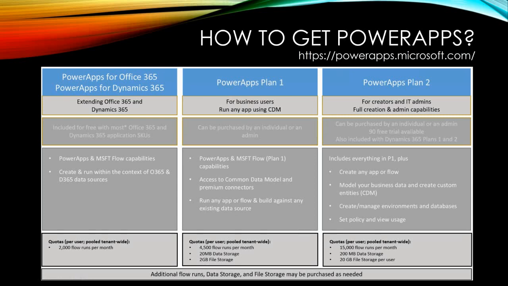But for admins who have much greater needs, such as creating multiple environments to create different kinds of apps with different security models, or connecting your app to different services, setting policies and viewing the usage, you would like to go for Plan 2. That gives you about 15,000 flows and the ability to do all those things.